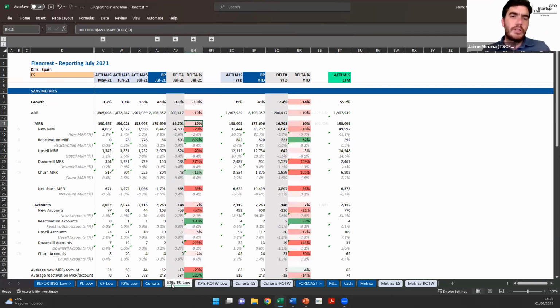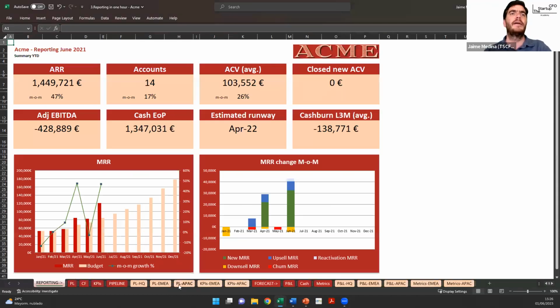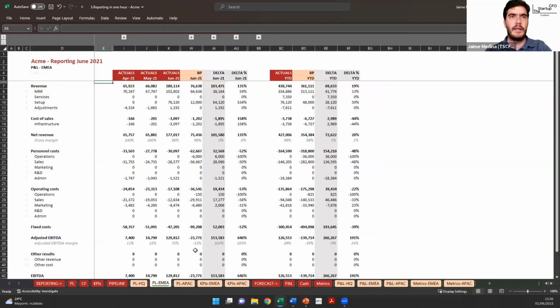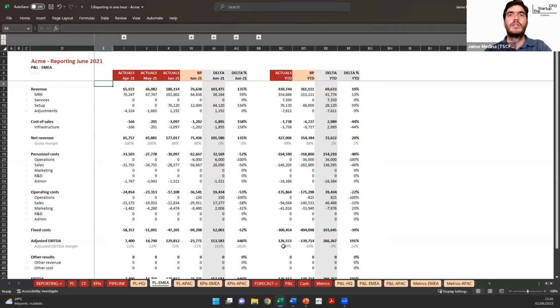Stuff like that. And on the other hand, in Acme, their last funding round, they raised it essentially to open the business in APAC, in Asia Pacific. So we see, and again, we will get to understand all these numbers better, but for now, trust me, this figure is the adjusted EBITDA margin.